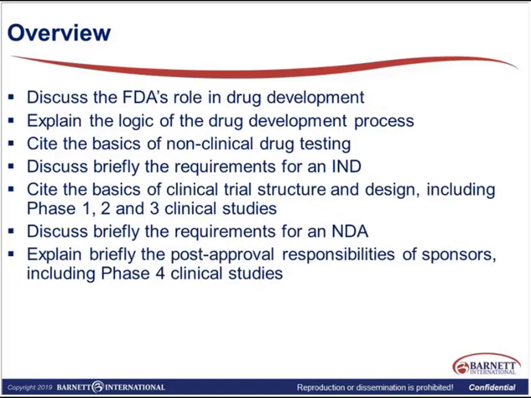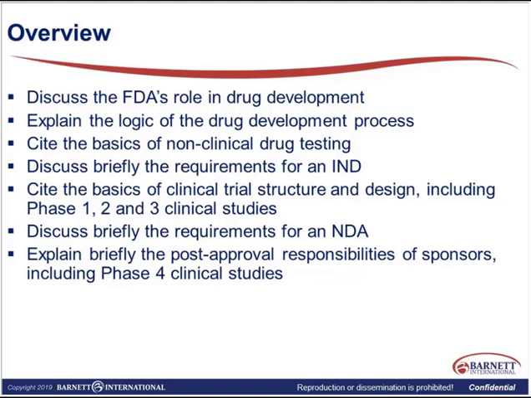An overview is we're going to look at how the drug is actually developed. There are steps that need to be followed. We're going to look at the logic of how drugs are developed, and there really is a logical process in how we see a drug being developed from the laboratory and then being used in man, and then also how it's approved.